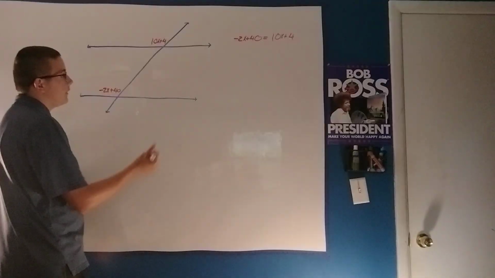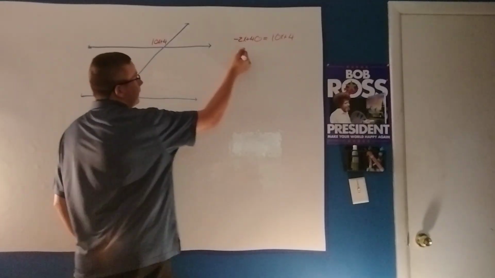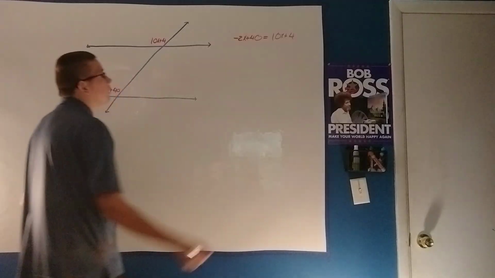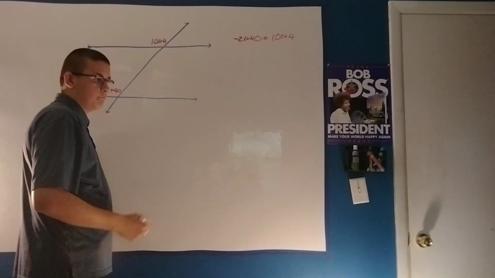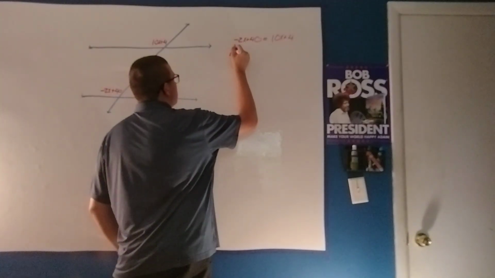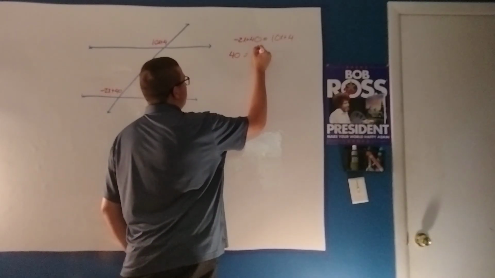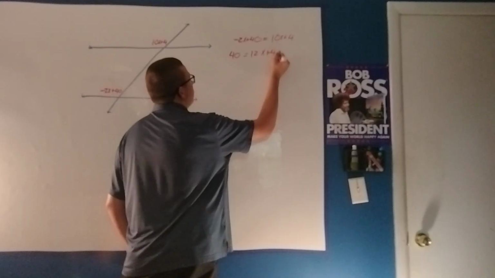Now, if we bring all the x's over, let's bring 2x over, it'll work either way, but we'll say 40 equals 12x plus 4.